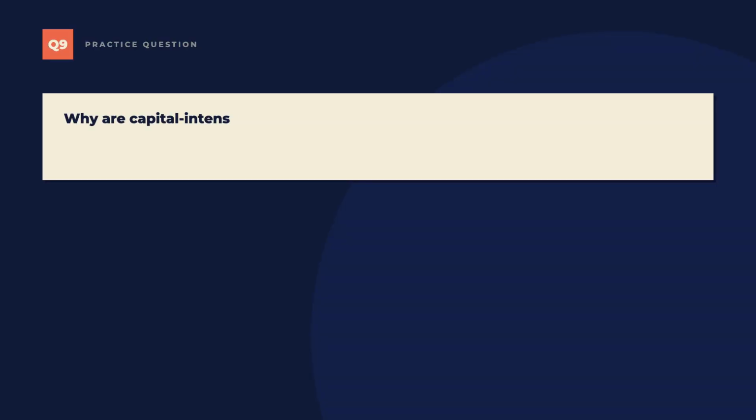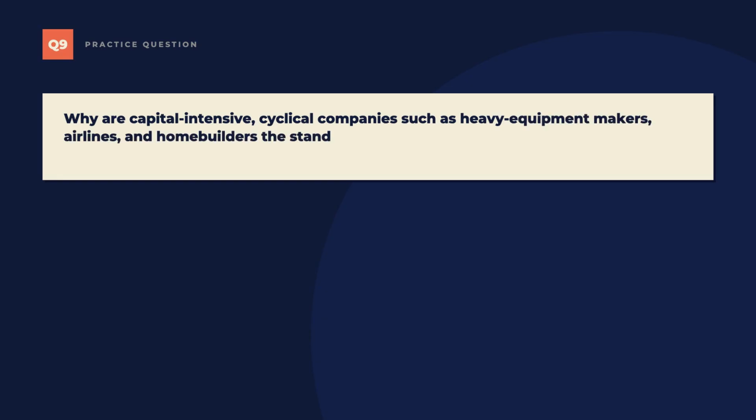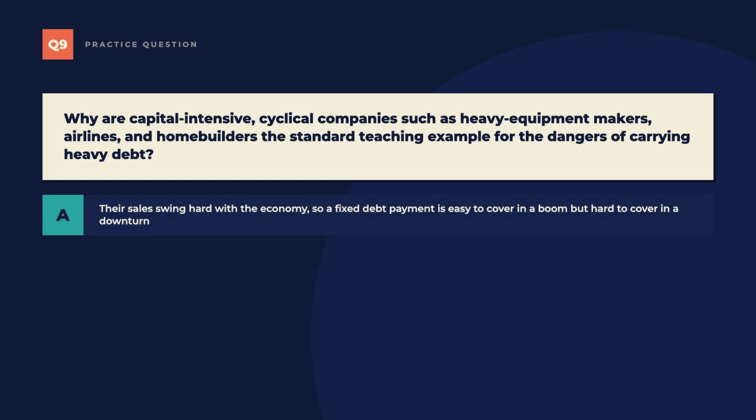Question 9. Why are capital intensive, cyclical companies such as heavy equipment makers, airlines, and home builders the standard teaching example for the dangers of carrying heavy debt? Your options are: A. Their sales swing hard with the economy, so a fixed debt payment is easy to cover in a boom but hard to cover in a downturn.